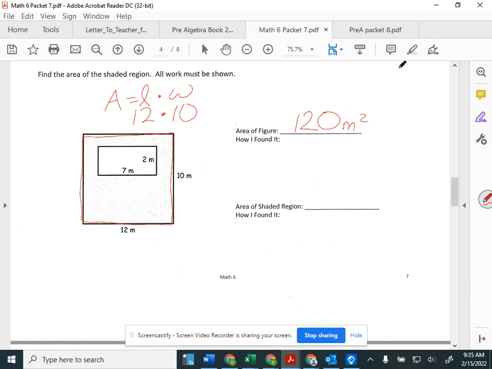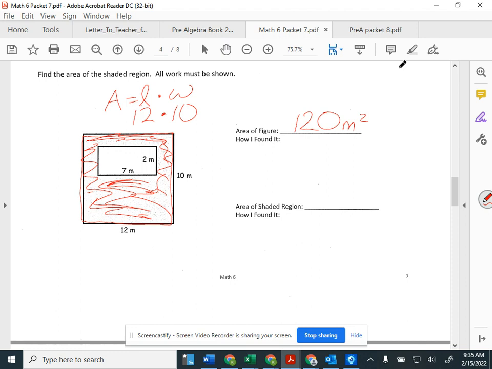But now I need to find the area of the shaded region. How do I find that? That's not a regular shape. How can I find that area? What do I have to find first? What do you think, Nolan? Like the size of it. Like that's a 2 and that's a 7.